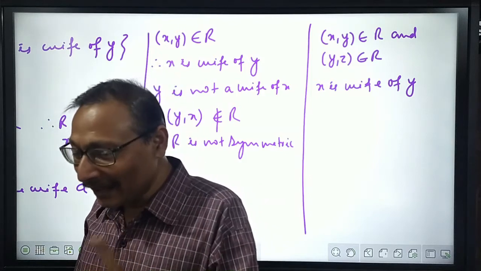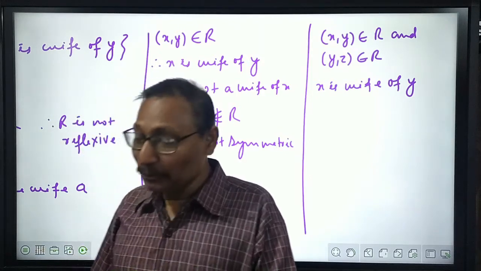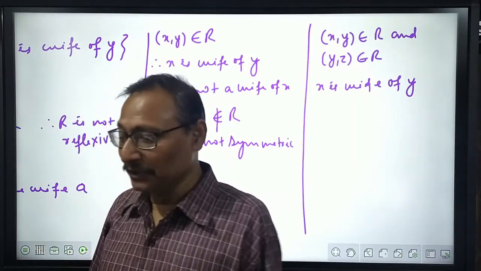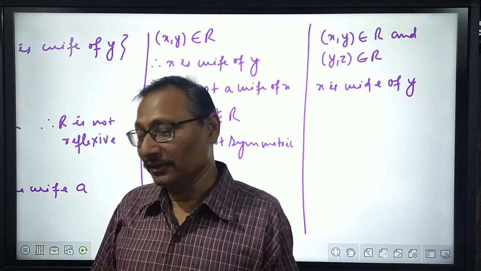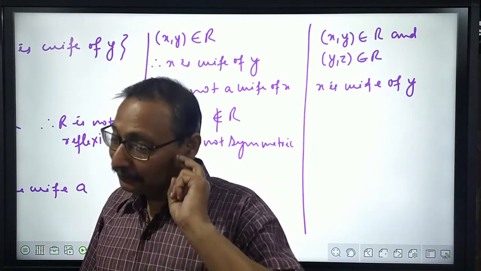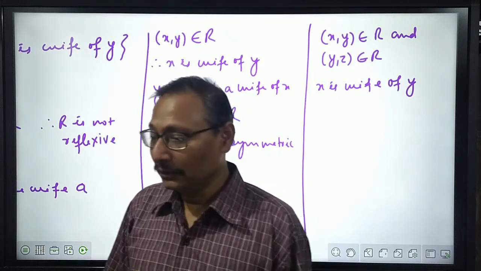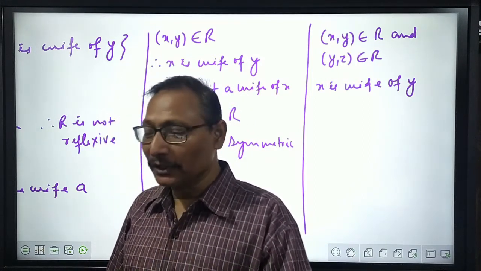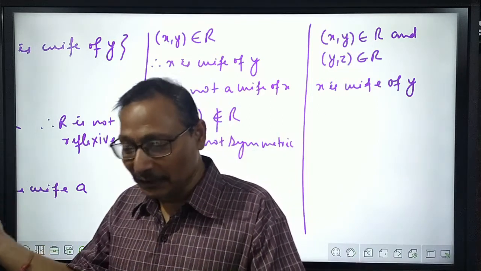So we are unable to pick the second pair. And if we are unable to pick the second pair, that means there is lack of information. Y comma z can never be there in the relation. So we cannot pick such two pairs, and if we cannot pick such two pairs, we cannot conclude that it is not transitive. That means there is lack of information, and if there is lack of information, clearly we will say that it is transitive.